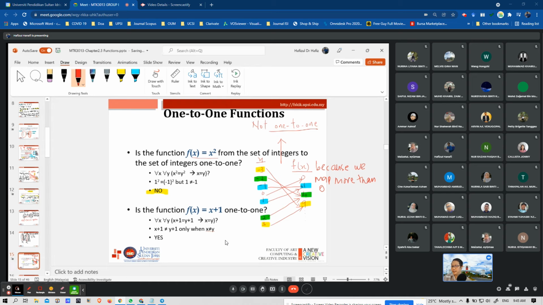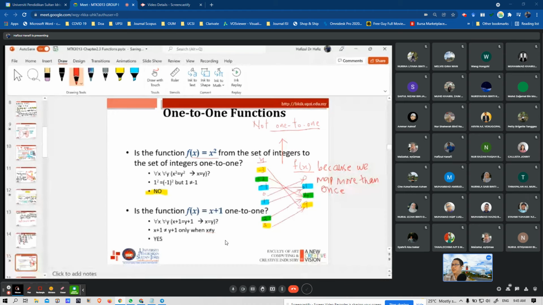Is the function f(x) equal to x plus 1 a one-to-one function? You need to have the logical statement first. We can say x plus 1 is not the same as y plus 1 only when x is not equal to y. And then the answer is yes.